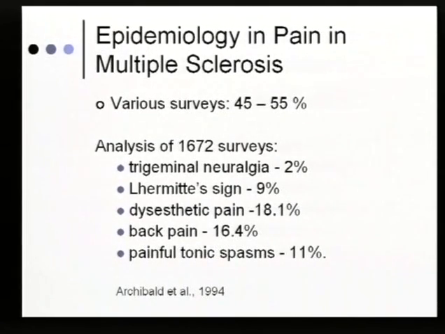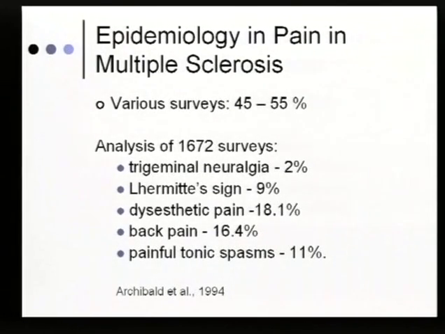This is obviously different than what they used to teach us, that pain wasn't really part of MS. There was one large survey they sent out to a group of over 1,600 patients to see what kind of pain syndromes they had in MS, and 2% reported back trigeminal neuralgia, which is one of the worst pains, stabbing, lancinating pain in the face that's triggered by speaking or eating or chewing, to the point that sometimes I have to admit people to the hospital because they really can't eat and stay hydrated.